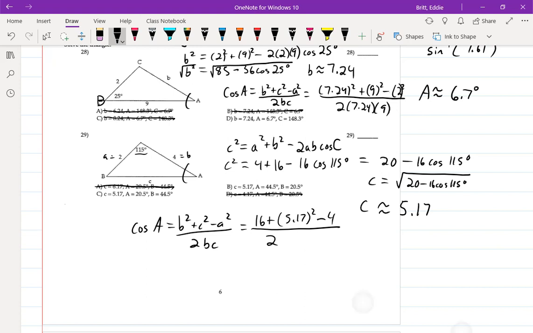So 2 times 5.17 times, well, B was actually 4, so I can put in a 4 and then a 5.17. It wouldn't matter, but I want to match my formula.